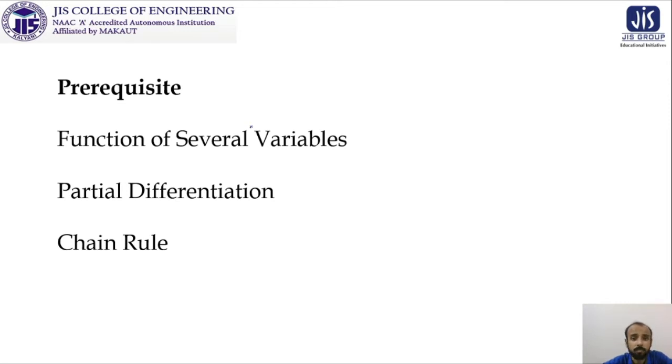And obviously, the concept of homogeneous function and Euler's theorem of first order, which we discussed in the last class, are also very much required for this class. So let us start the next part of this particular topic.